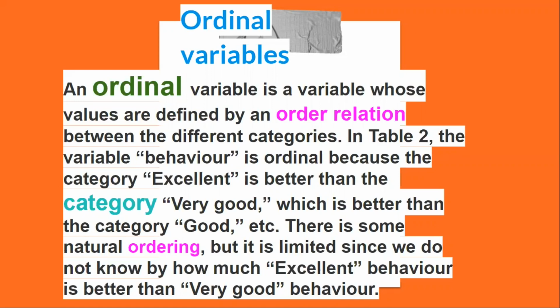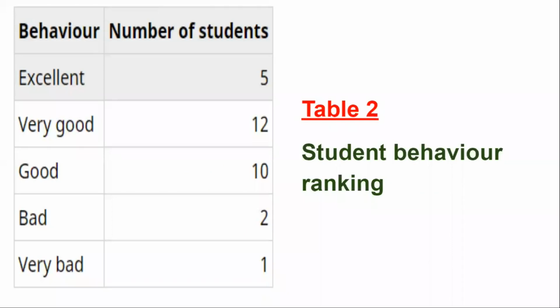In the table that follows, we present the variable behavior, which is ordinal because the category excellent is better than the category very good, which is better than the category good, etc. So there is some natural ordering among the categories, but it is limited since we do not know by how much excellent behavior is better than very good behavior. That's the table that presents classroom student behavior ranking.